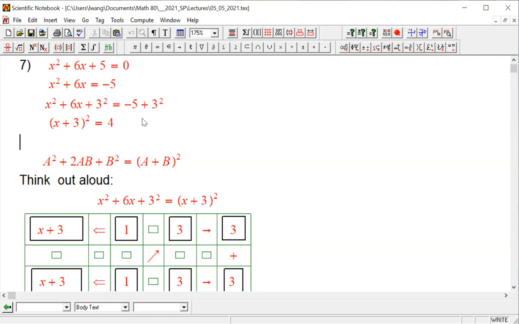If you want to review the perfect square part, it should be in the earlier notes. Let me check and I'll tell you where you can find it. You should find it where we covered it, on March 17th.